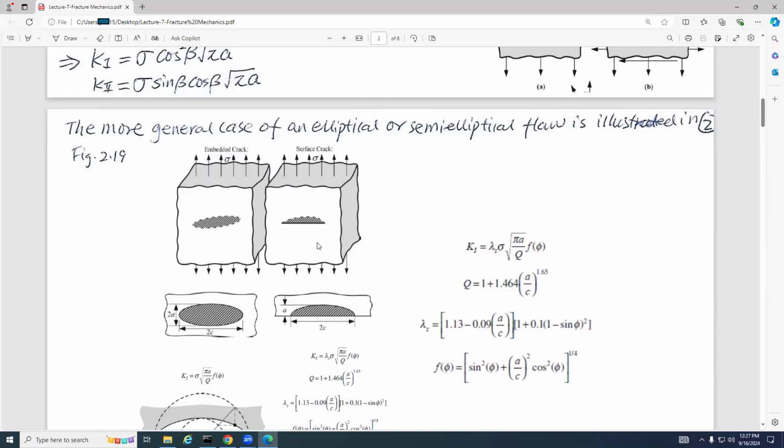For these two cases, we use this calculator KI. KI equals sigma; you can see it's a function of sigma and also a. Here lambda s, Q, along with the function f, are given here. Q uses this equation, and the lambda s function is here. And what is phi, guys?